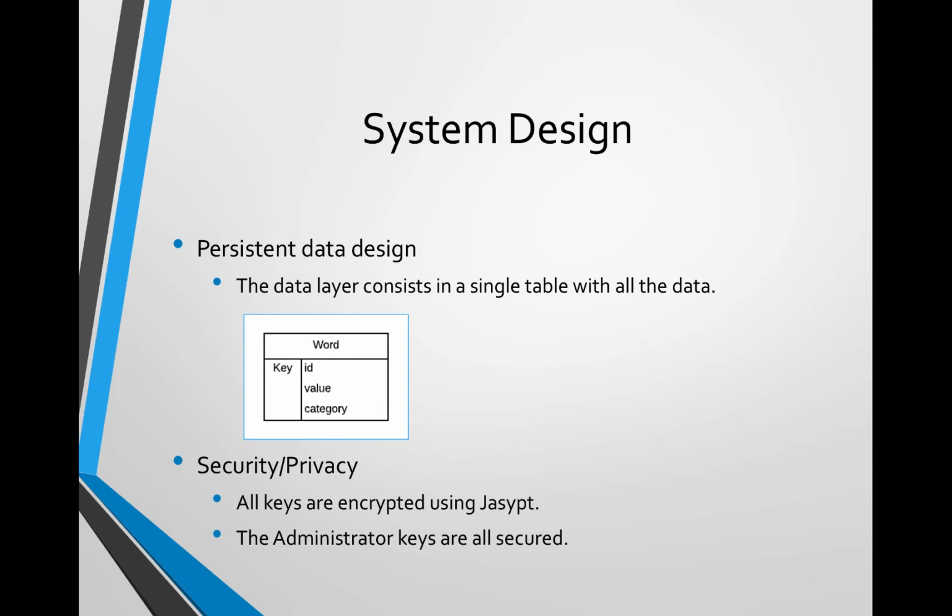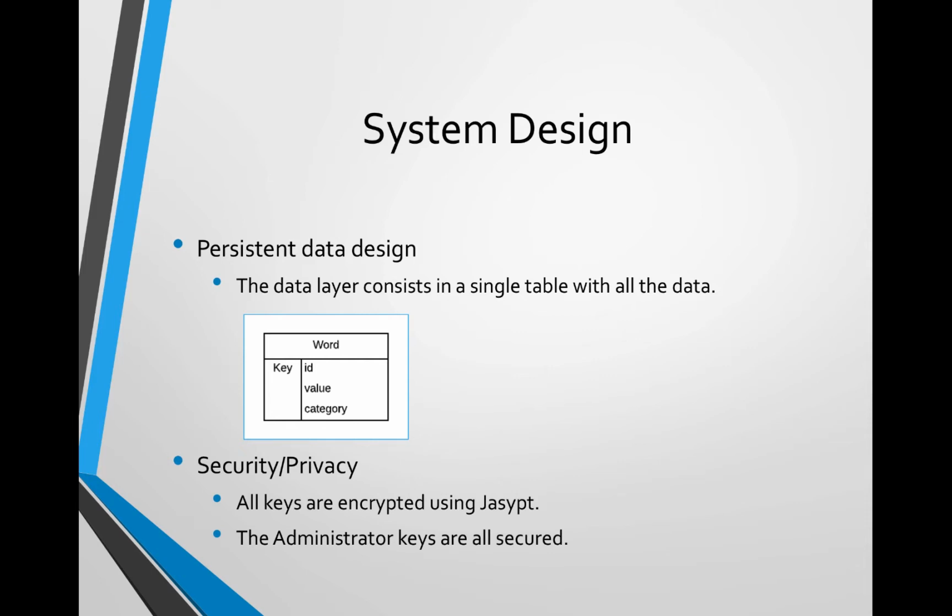Pertaining to security and privacy, all keys are encrypted using JASYPT. We make sure that everything is under control, and so every single property that has to be uploaded onto the repository on GitHub is encrypted, and that way we maintain it secure.